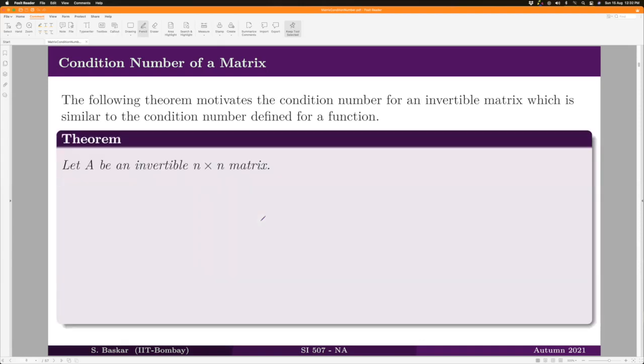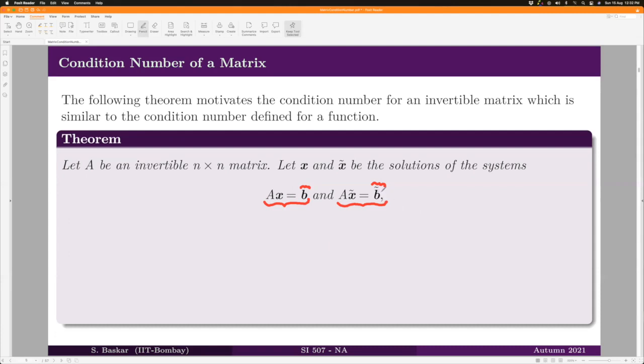Assume that we have an n cross n invertible matrix A and we are interested in solving the linear system Ax equal to b for a given b. But somehow we do not have this b, but we only have an approximation of b. Therefore, we will be actually solving the linear system Ax equal to b tilde, which is the approximation of b.